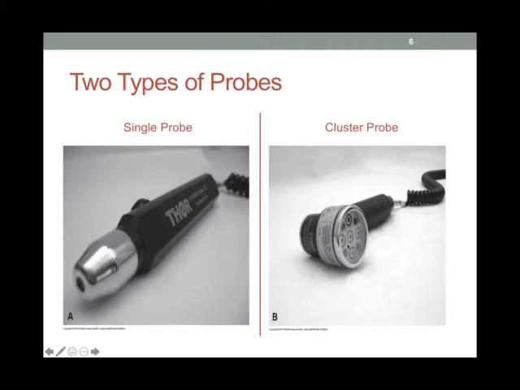This cluster probe has 1, 2, 3, 4, 5 diodes. These would be the laser diodes, and these 1, 2, 3, 4 would be light emitting diodes used for different wavelengths, and we'll see what that means after. And this is an example of a single probe. There's just the one opening, the one aperture for the laser coming out on this side.